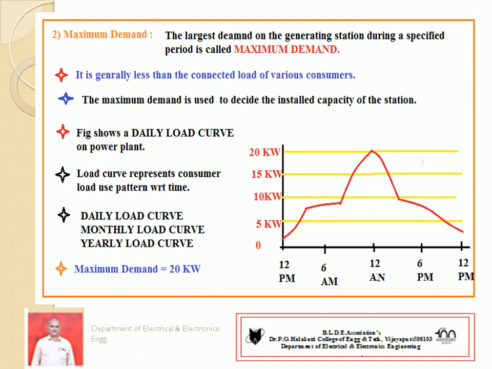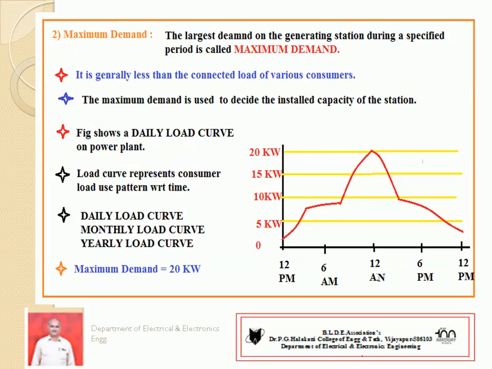Then it is very interesting. Second point, before going to the maximum demand, we have to see the load curve. The variation of load versus time of a consumer is known as the consumer load curve. Similarly, the load curve on the plant is the variation of load on the power plant for a particular time.